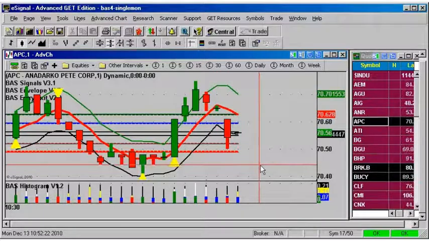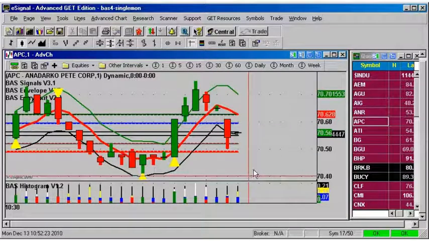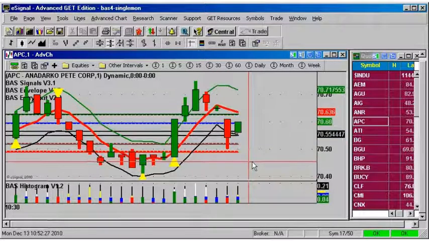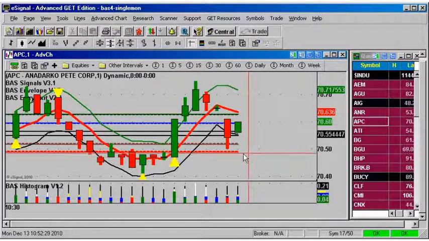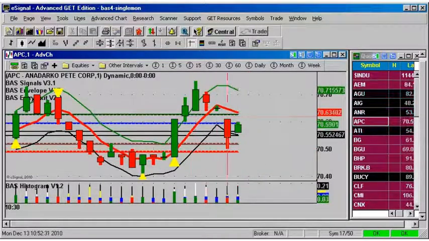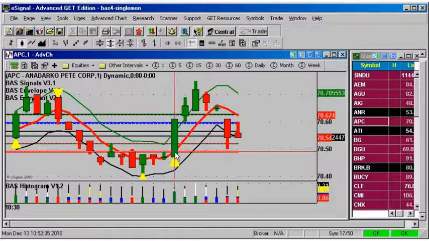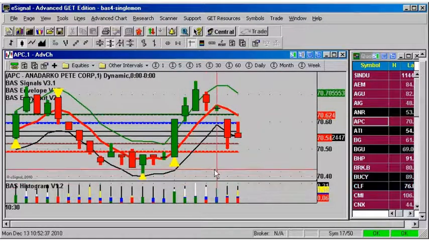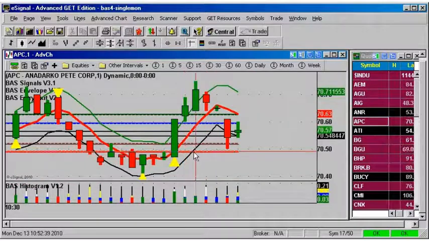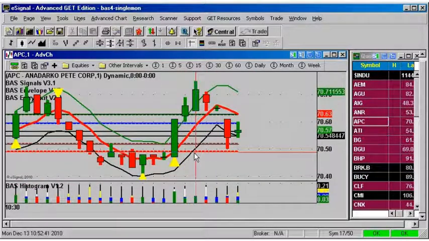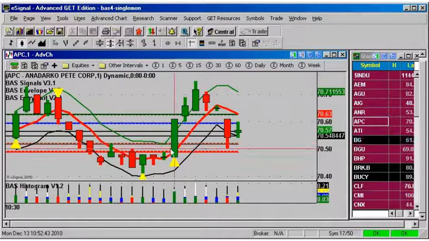It looks like, but how long you stay in? Again, if you'd stayed in this, there's a good chance it's going to go back up. There's no down signal yet, but that would be another indication to get out of the trade.